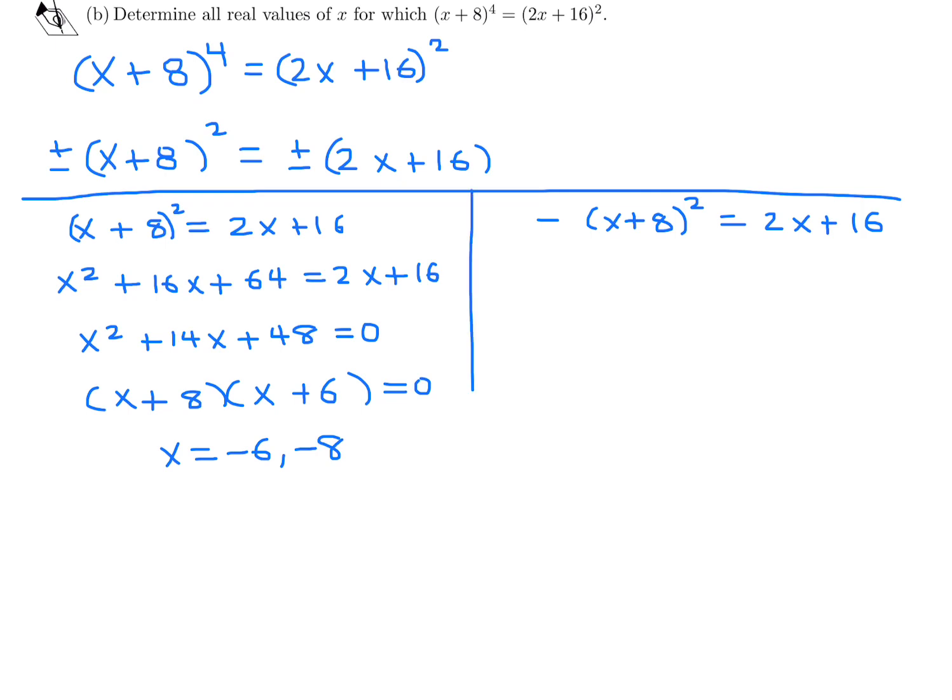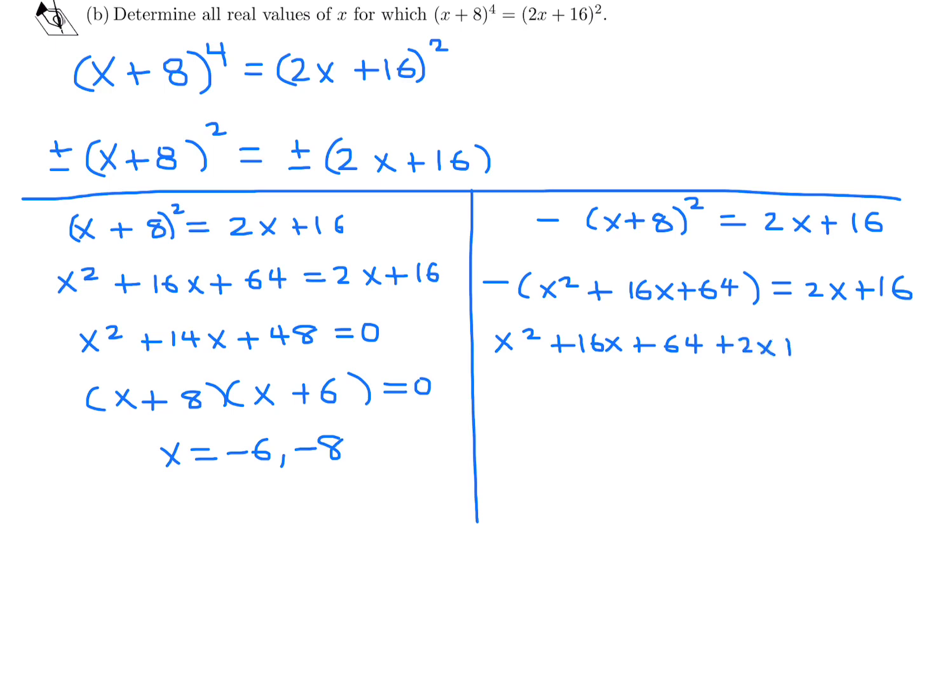This one, same thing, we'll do the exact same thing, multiplying it all out. We get minus (x squared plus 16x plus 64), and that is 2x plus 16. If you put everything on one side, it becomes x squared plus 16x plus 64 plus 2x plus 16 is equal to 0.